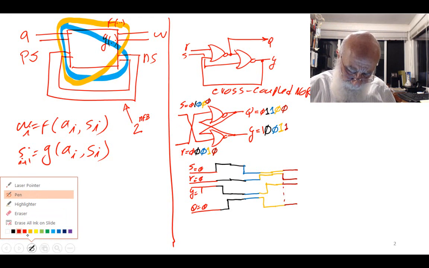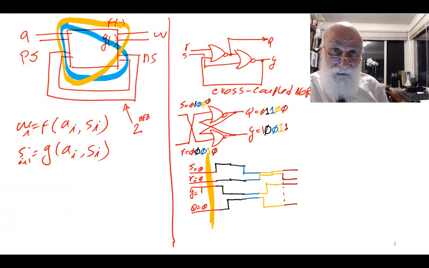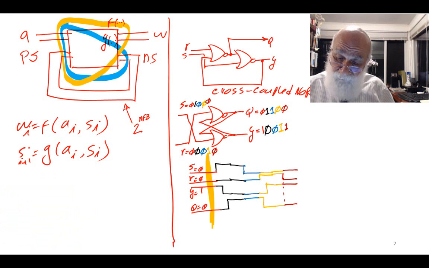Let's look. Here I have a situation where my S is 0, my R is 0, and the output is Q. Don't look at Y for now.